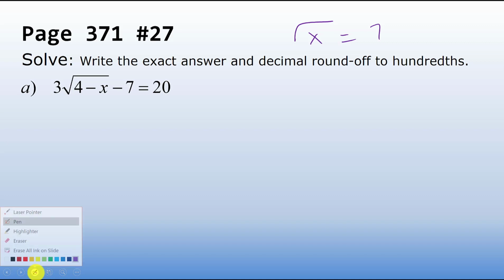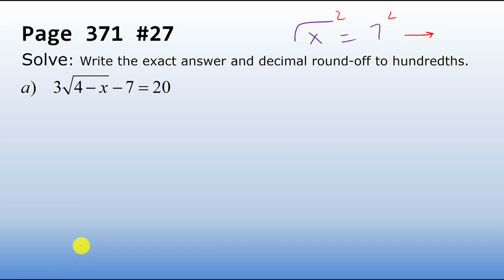It is isolated. The square root is all alone, and you can do a second power on both sides. The second power will cancel the square root. So you get x equals 49. Now you must check. We can check that and see that it works. So the second power is what undoes the square root.